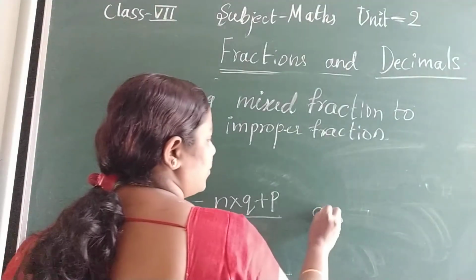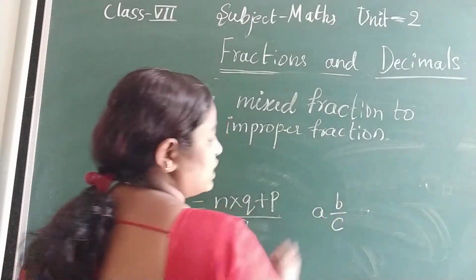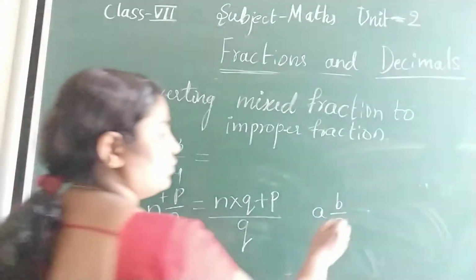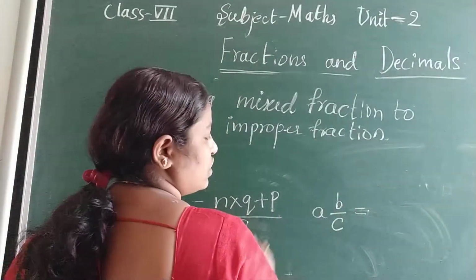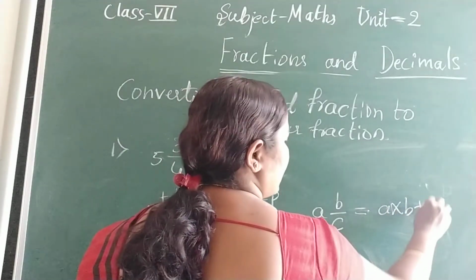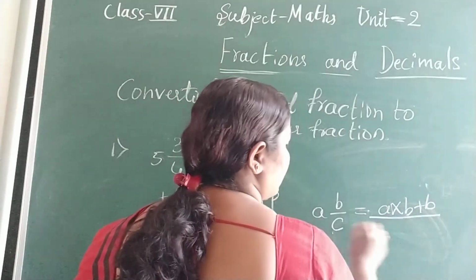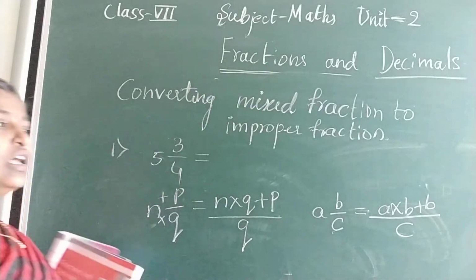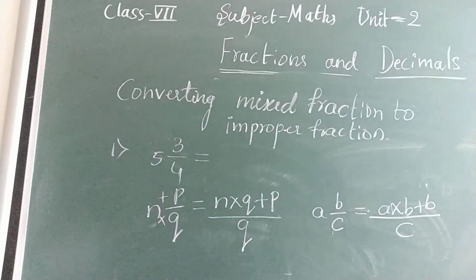Or A B by C, which is also general, a mixed fraction. Convert to improper: A into C plus B, divided by C. This is the way to convert into improper.